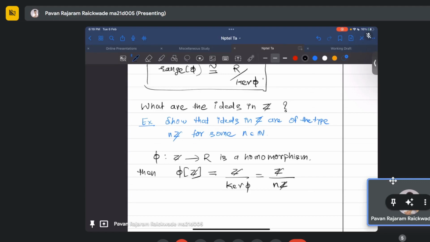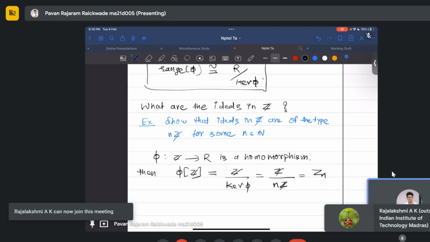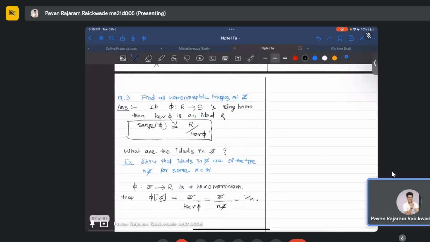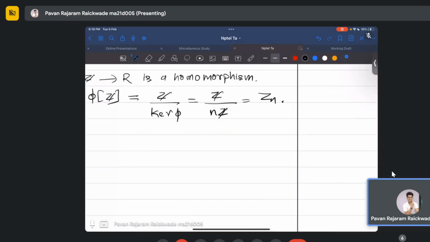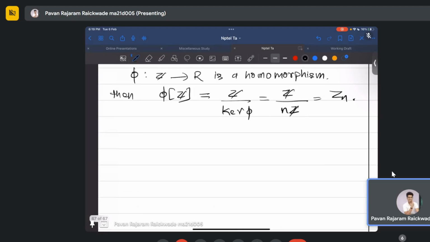And you know what this is? This is Zn. So basically homomorphic images of integers are Zn. You don't have any other rings there. So, find all homomorphic images of Z: the answer is Zn. It's a simple question, so we'll go forward. Next question.